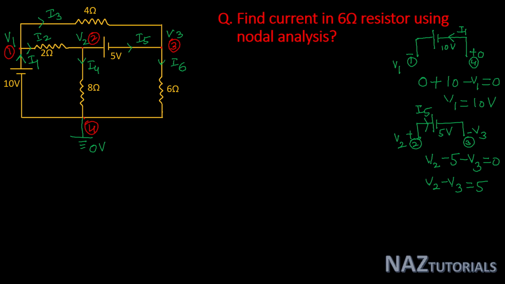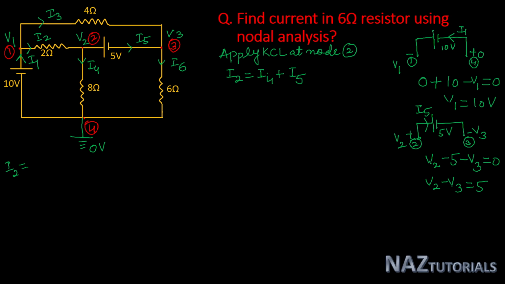So now apply KCL at node 2. At node 2, I2 is the incoming current, and I4 and I5 are outgoing currents. So here I2 is equal to I4 plus I5. So let's see the equations.